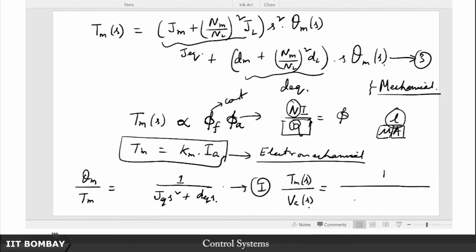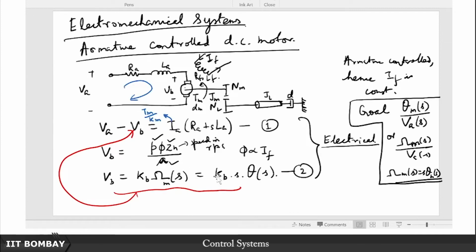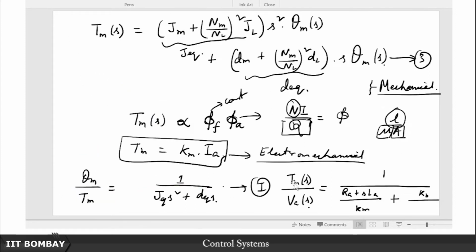So this is going to be nothing but 1 divided by Ra plus sLa upon Km plus Kb. What is this Kb? Recall, this Kb is the proportionality constant in this equation, where it tells you that the back EMF is proportional to the speed, all right.